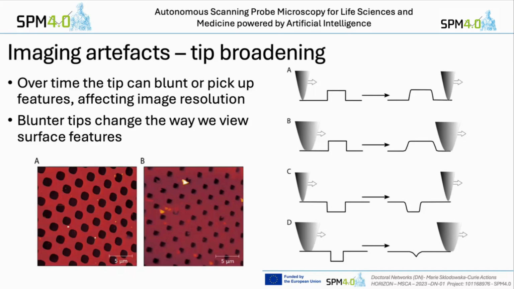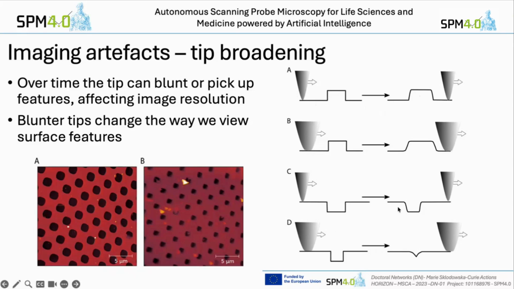But as the tip gets blunt, it broadens out the features that we see. So rather than a really nice, sharp top hat, it slightly broadens out. If your tip gets even blunter, that broadens out even more. It's not too much of a problem for high features, depending on the thickness that you actually want to see.